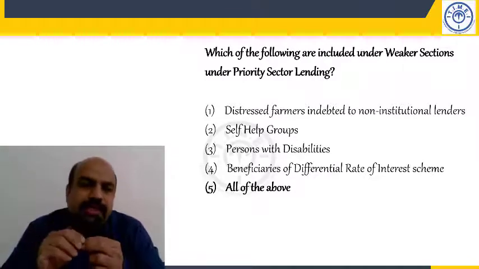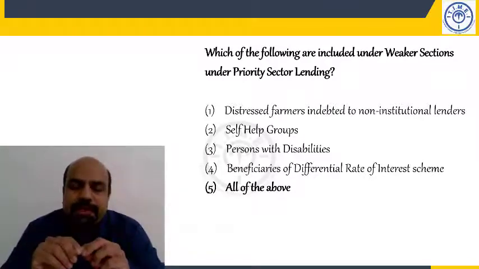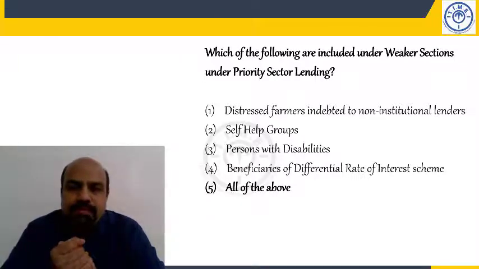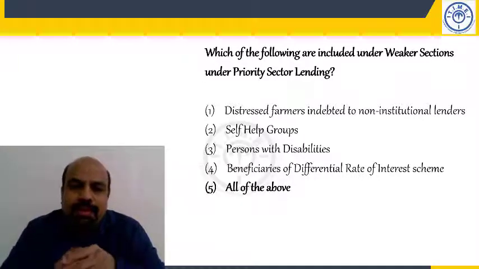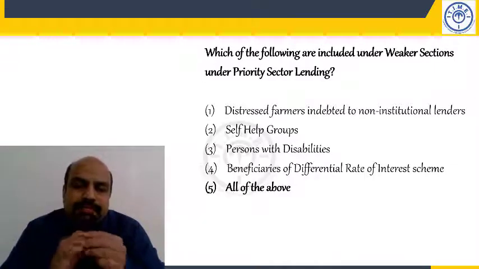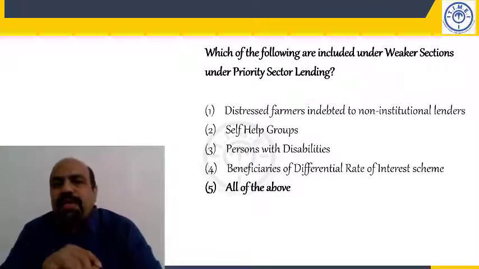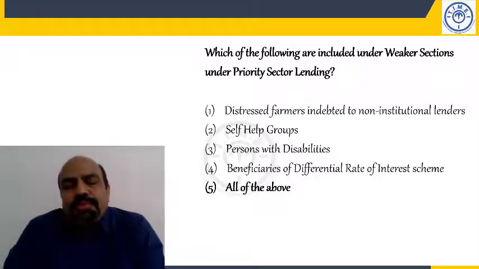PSL, please write priority sector lending, as a subheading, and underline that. First point: aimed at providing institutional credit.